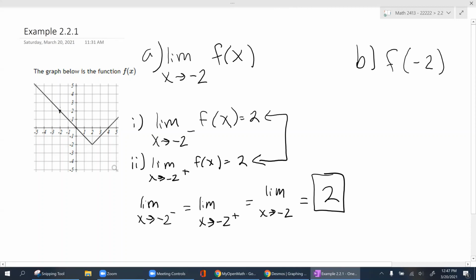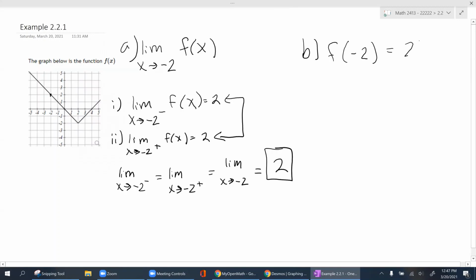Then this y, this answer, is just 2. Very nice. In this case, we see that this line is continuous. There are no jumps, there are no disruptions. We see that it's also 2.